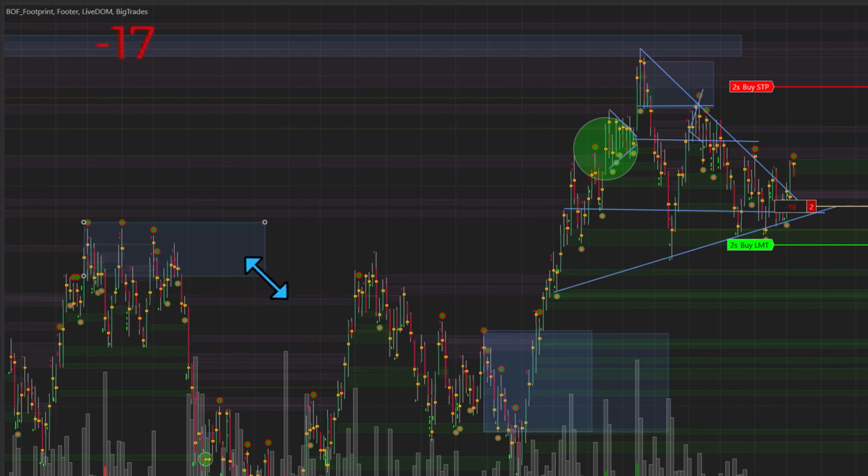The last point of this block is most dangerous. We hit that block on the way up, then we shoot straight through it, and now this block may actually play the support, or we can shoot straight through this block. So that's what's going on right now. The price is hesitating.